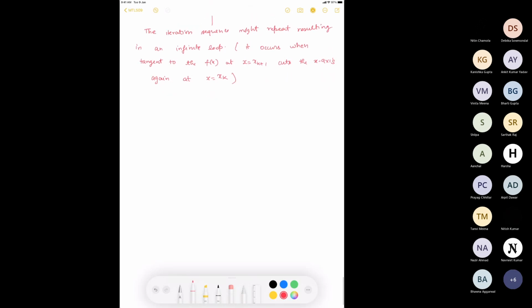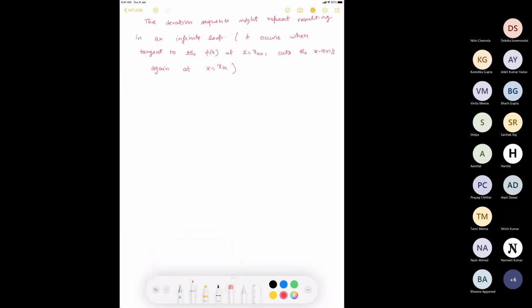And another instance that may happen is, let me again try to draw one picture and explain it. Suppose my function is something like this. Let me take a simple function.